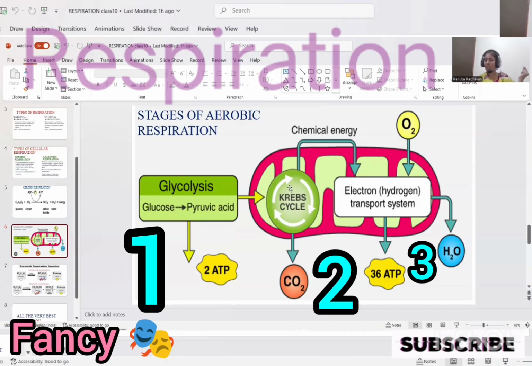This happens in the matrix, and it goes to the inner membrane where the electron transport chain happens, where the oxygen comes in. Excess oxygen will accept the electrons during the process. The electrons will be transported from one carrier to another, and finally they give out water.